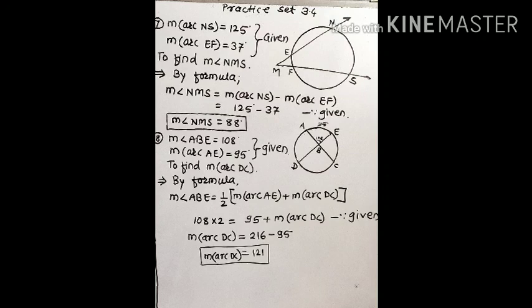I have shifted the 2 to the angle side, so 108 into 2 is equal to measure of arc AE 95 plus measure of arc DC, which we have to find. We put the given values here. Therefore measure of arc DC we get 216 minus 95, and that is equal to 121. Measure of arc DC is equal to 121.